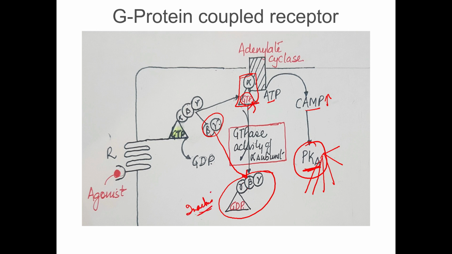So the G protein gets shuffled from off to on and again to off. So this is the one way. Now what does the regulator of G protein signaling do? It is going to control the rate of hydrolysis of GTP by regulating the GTPase activity of the alpha subunit. So this is number one.